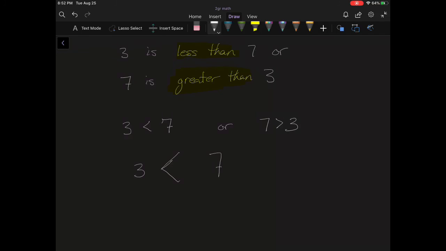We can think of this as a mouth, right? And on that mouth, maybe we have an alligator. And there's his teeth. And the alligator always wants something, he wants a bigger meal. So the alligator is always going to try to eat the bigger number. So the mouth of the sign goes towards the bigger number. And that's the way that I remember it, and I hope it helps you.